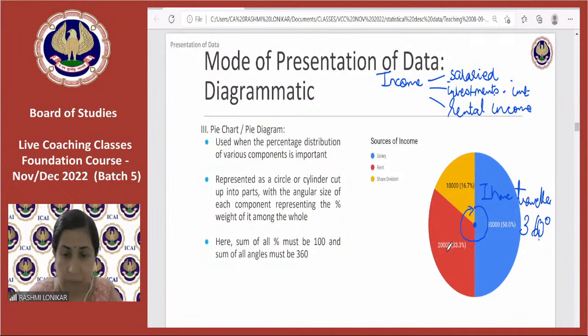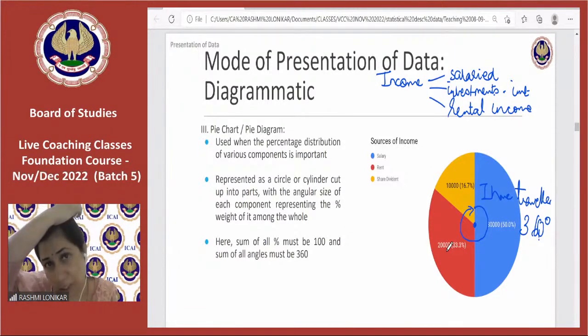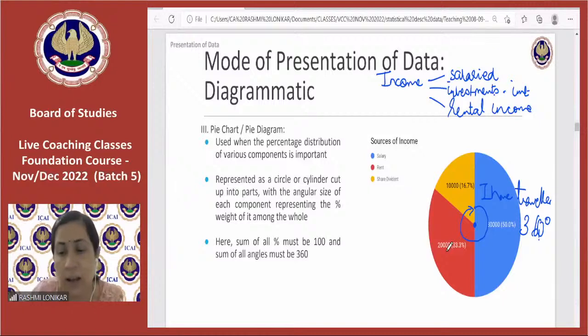So I compare my income with 360 degrees, and looking at this graph, I come to know that 50% of his income is from salary.